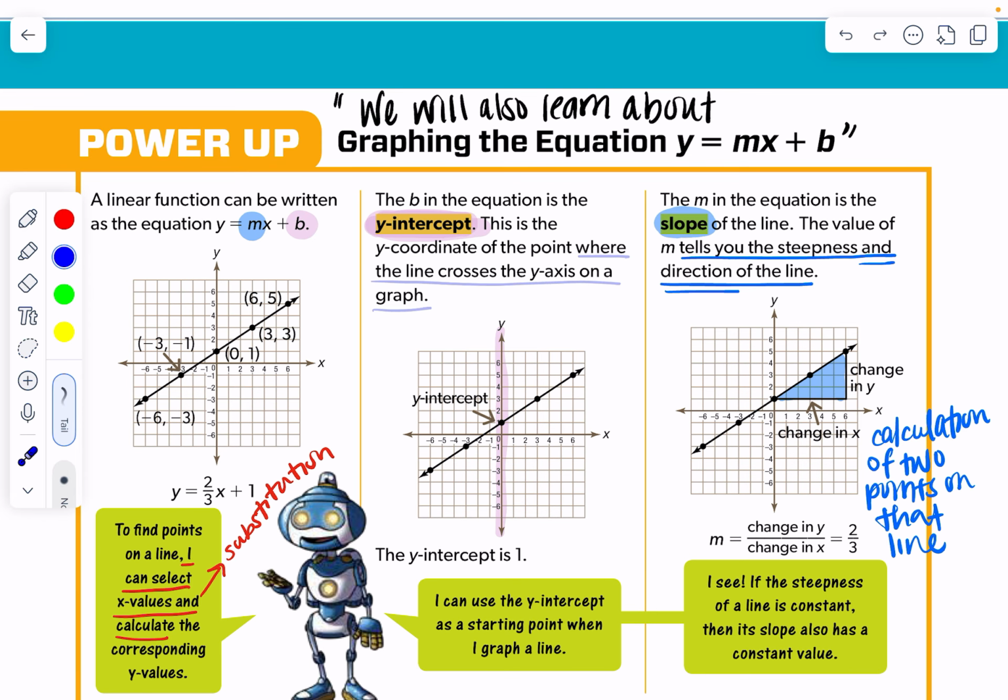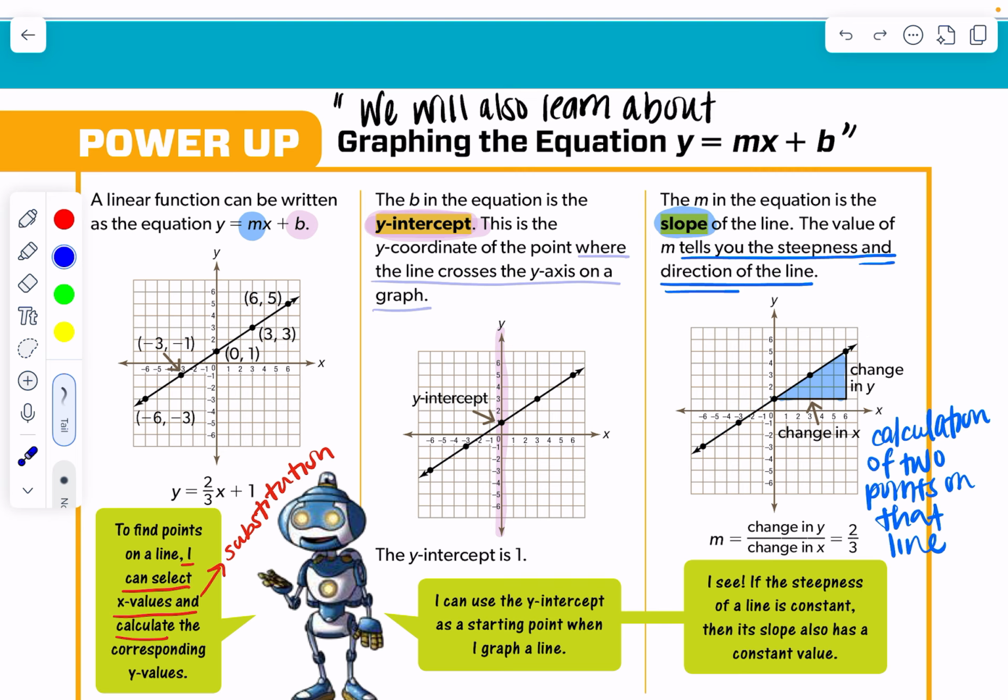Then it tells you the other part of the equation is your slope. So that 2/3 x. The value of the m tells you the steepness and direction of the line. So because the slope is a positive number, it is going up.